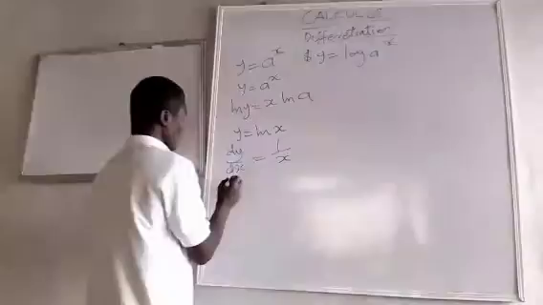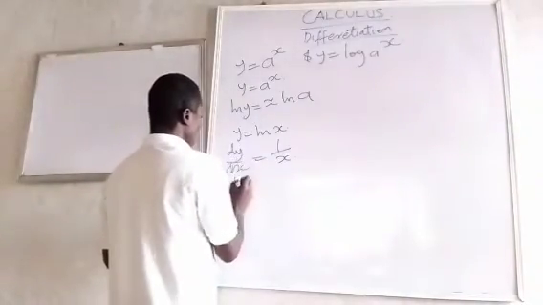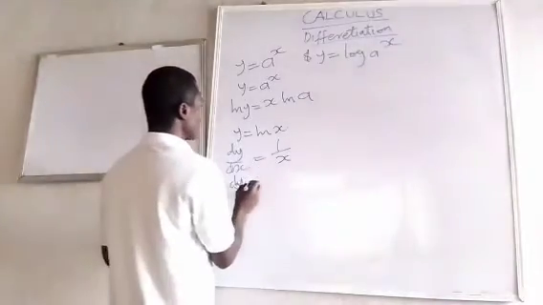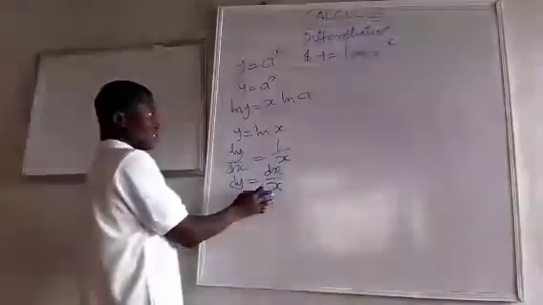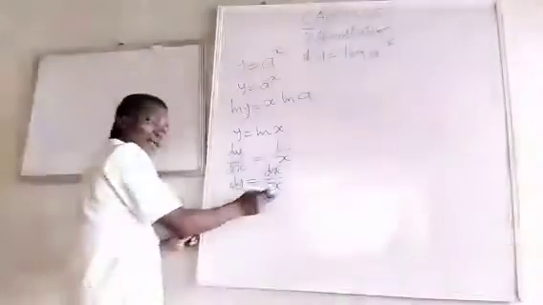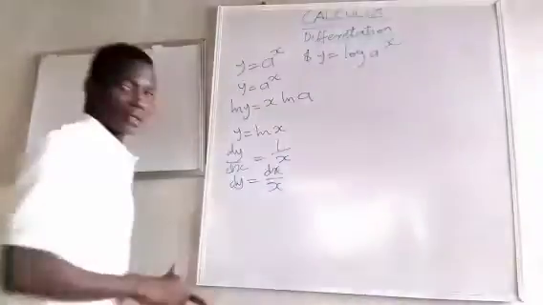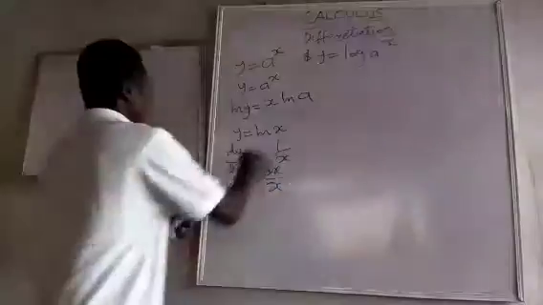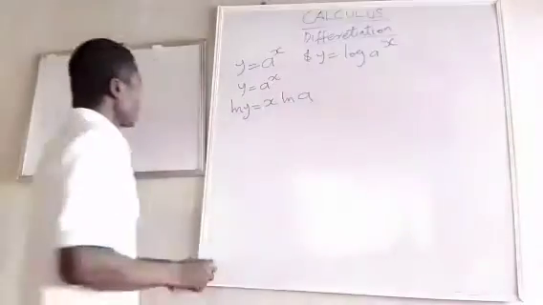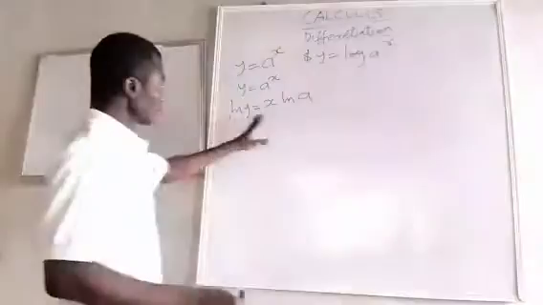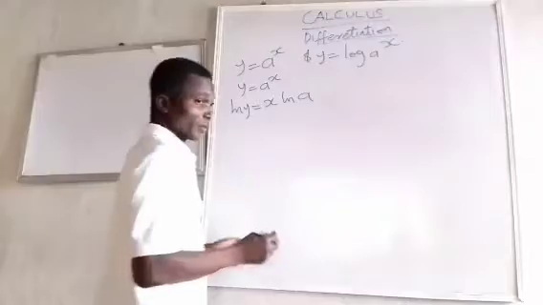So dy is dx over x. That is the differentiation of this over the number itself. That's what it is. We will now apply this here. So we differentiate both sides with respect to x.